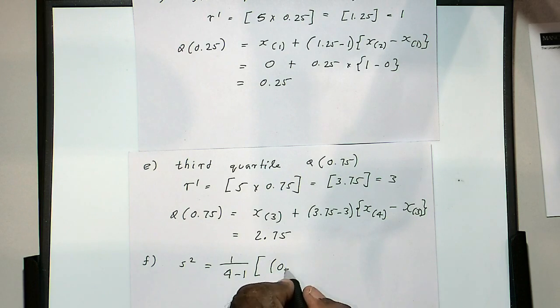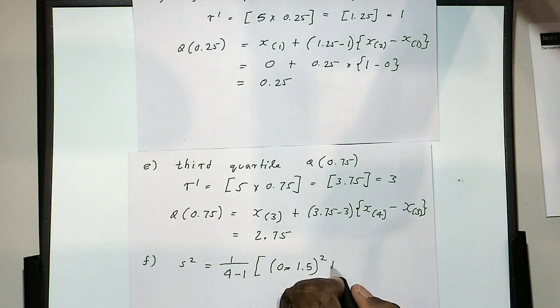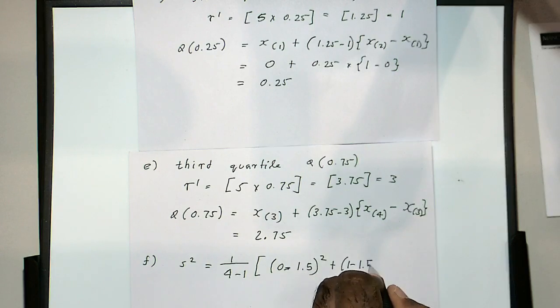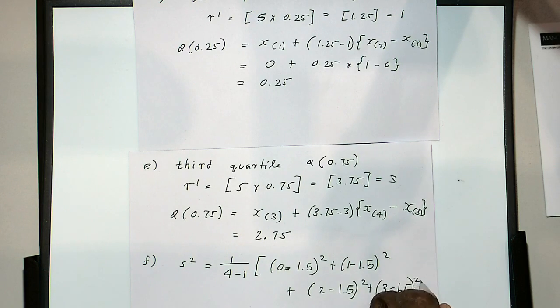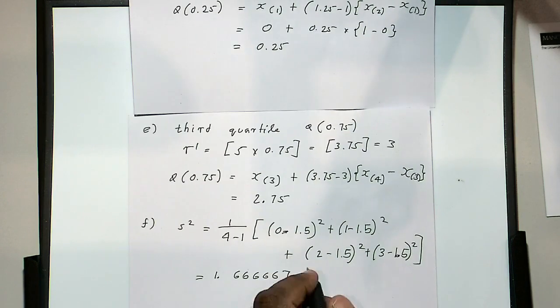All right, so it's going to be 0 minus, the mean is 1.5 squared, right? And if you do the math on this, you will get this to be equal to 1.666667. So this is the unbiased estimate.